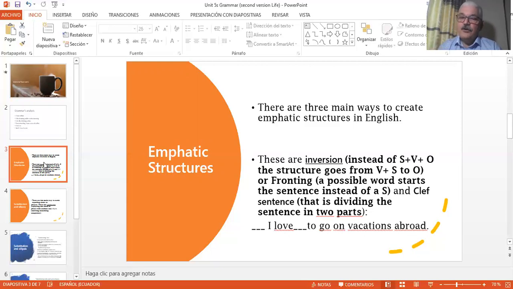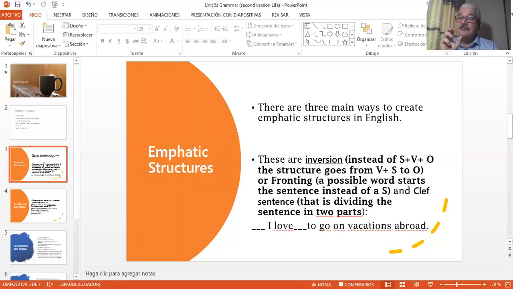There is another form to gain emphasis in our sentences. That is using fronting. What does it mean? Well, fronting is that form in which you start with an adverb or an adjective at the beginning, or a verbal clause, okay?